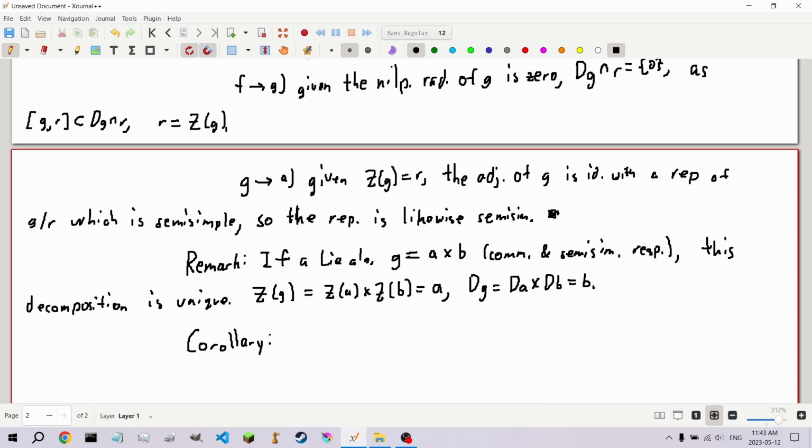And this one comes in 3 parts. The first part is that the finite product of reductive algebras is reductive.